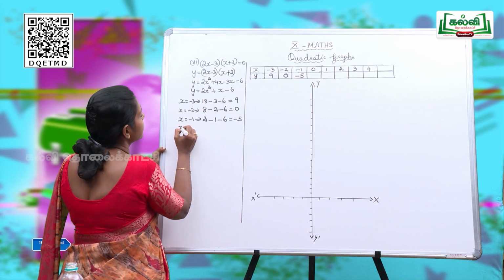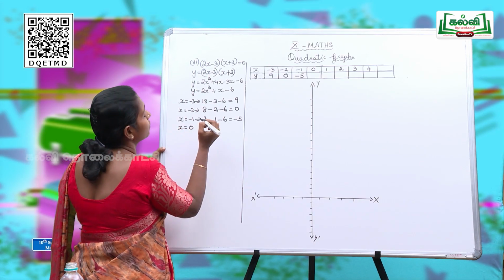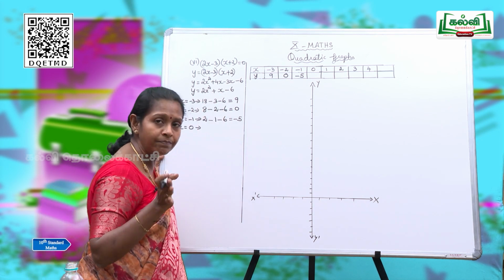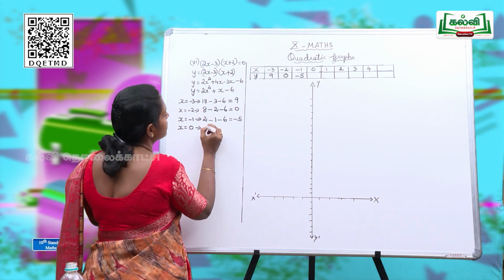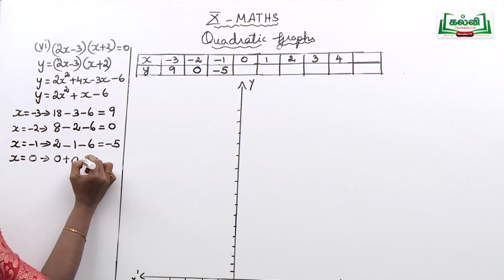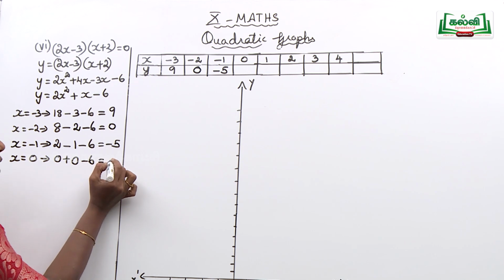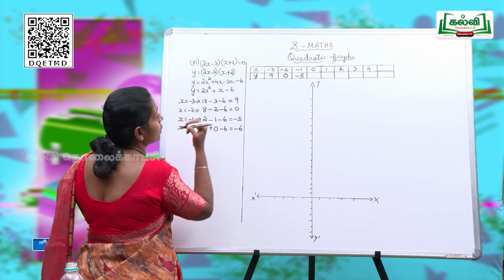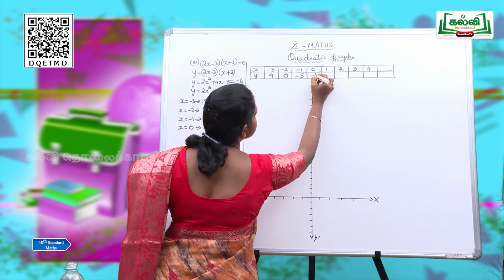Next, x equal to 0. Apply. When x equal to 0, these two terms will become 0 as usual. So 0 plus 0 minus 6, which is equal to what? Yes, minus 6. When you apply 0, you are getting minus 6.